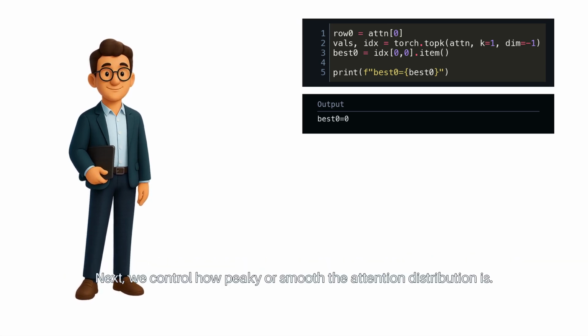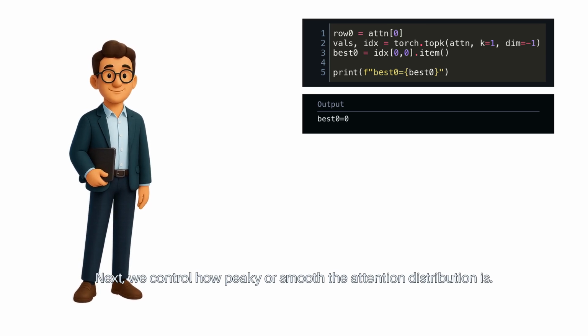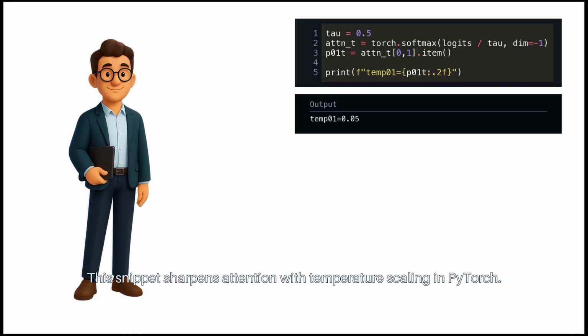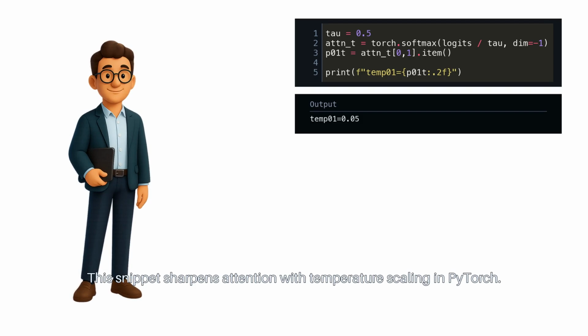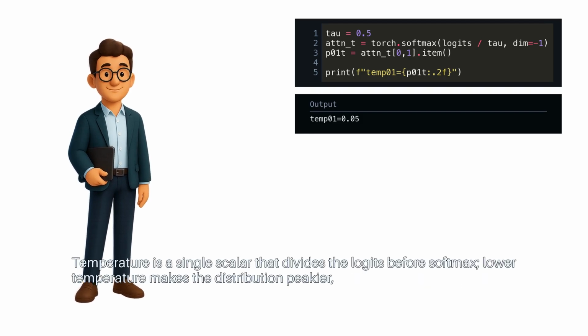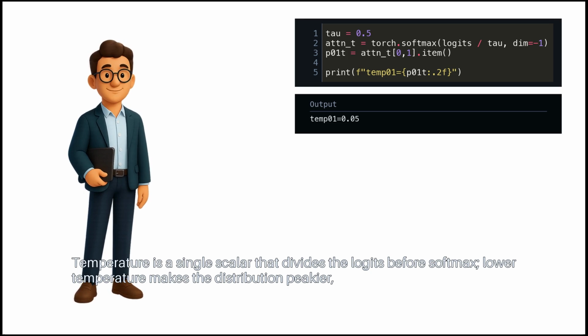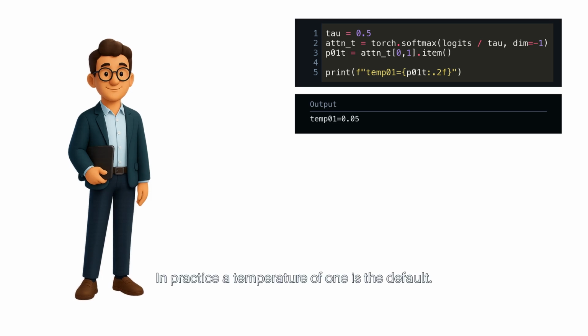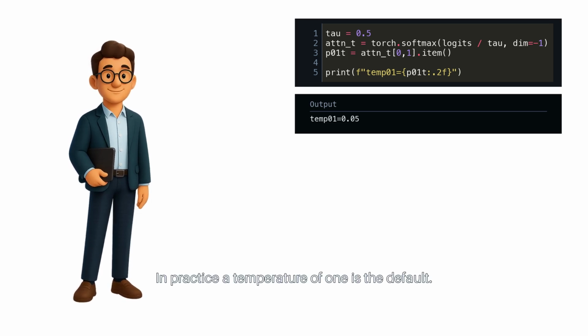Next, we control how peaky or smooth the attention distribution is. This snippet sharpens attention with temperature scaling in PyTorch. Temperature is a single scalar that divides the logits before softmax. Lower temperature makes the distribution peakier. Higher temperature makes it flatter. In practice, a temperature of 1 is the default.